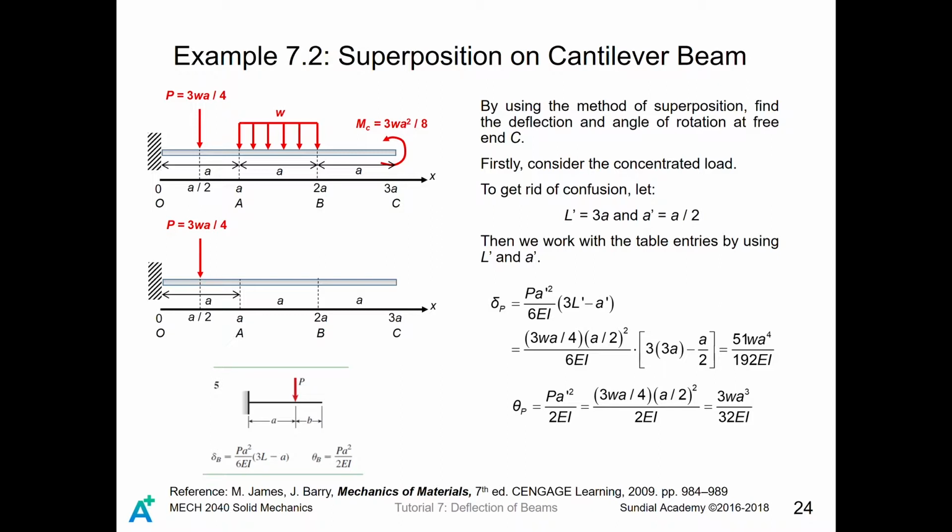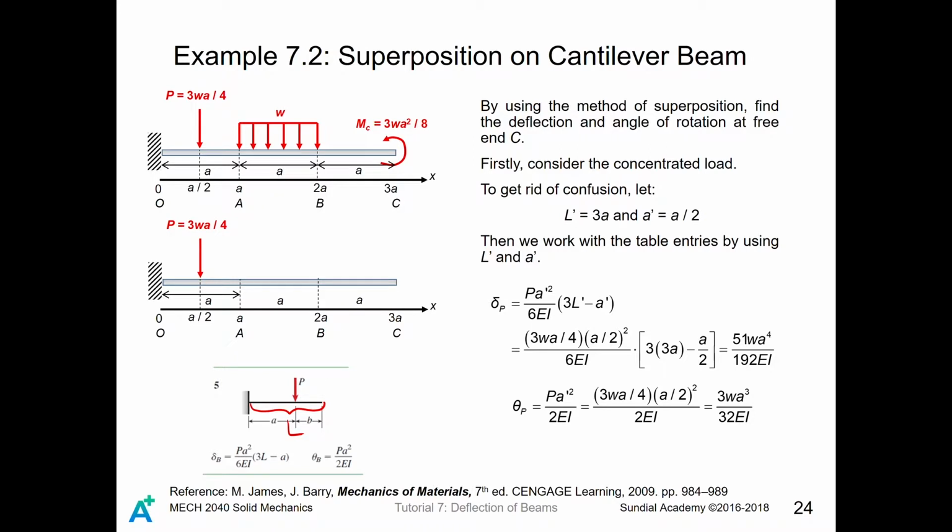So here we know that in the superposition table, the table says the length is L. But in this problem, the length now becomes 3A. It could bring you some confusion on the application of this table, but you have to be careful.